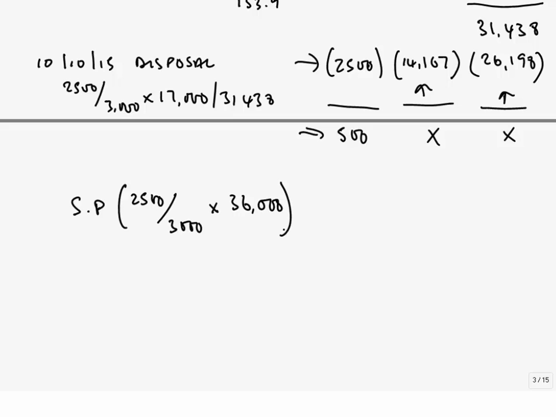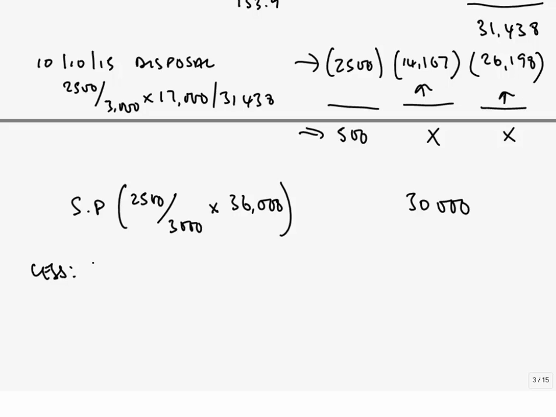We have already disposed of and dealt with the disposal of 500 of those shares, therefore remaining 2,500 shares, 2,500 over 3,000 in relation to the shares sold times £36,000 worth of proceeds. What does that work to as a figure of proceeds? Well, that, of course, the other bit left over out of 36, it's £30,000.